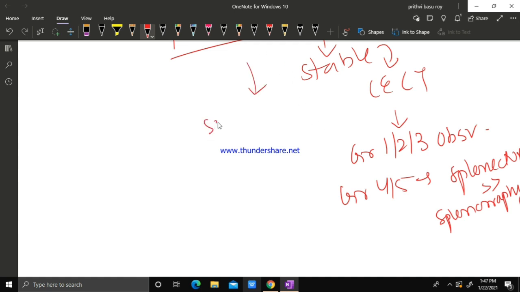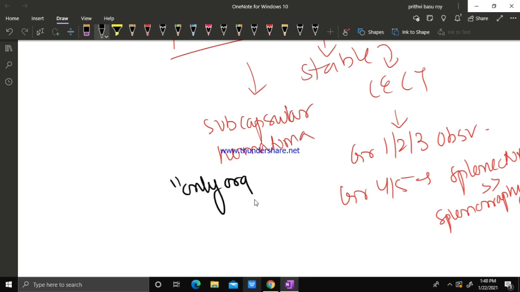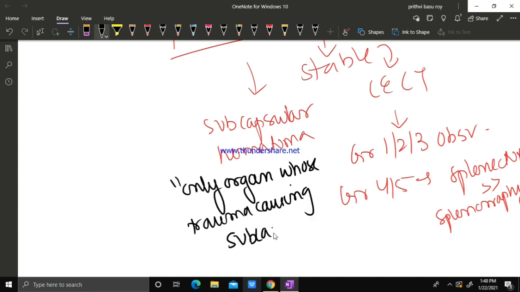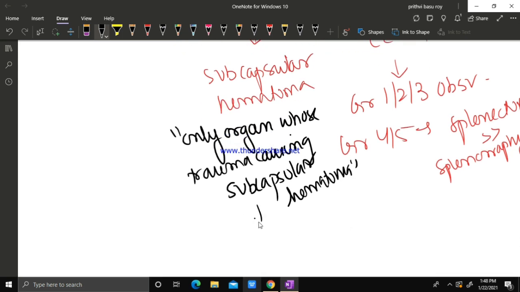Now, it's a very interesting understanding. Subcapsular hematoma. This is the only organ where trauma causing subcapsular hematoma may actually lead to total devascularization.